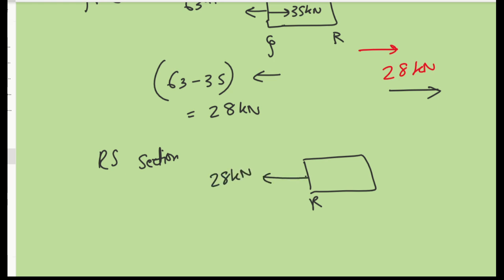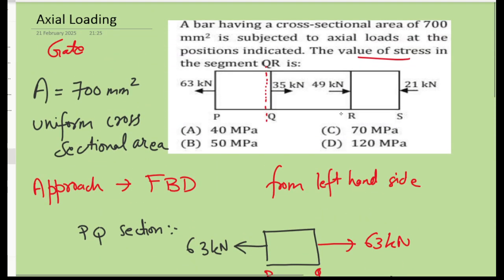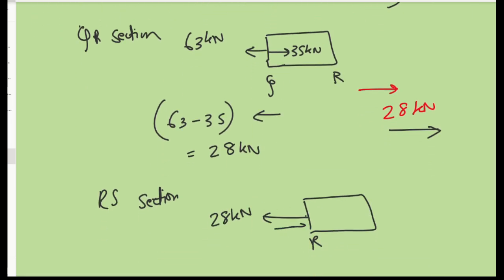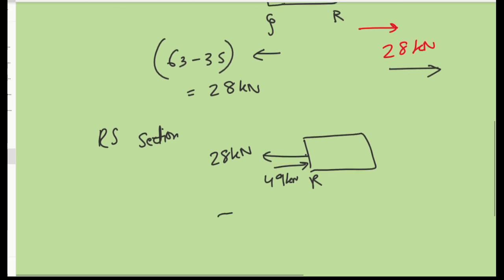Okay, 28 kilonewton, and again we can see a 49 kilonewton force is acting on this side. So what will be the net force? 28 minus 49, which is minus 21 kilonewton. But what will be its direction? It is coming minus 21 kilonewton, towards left.